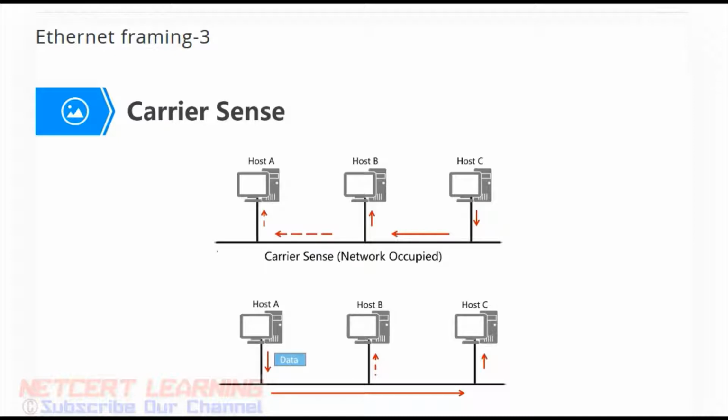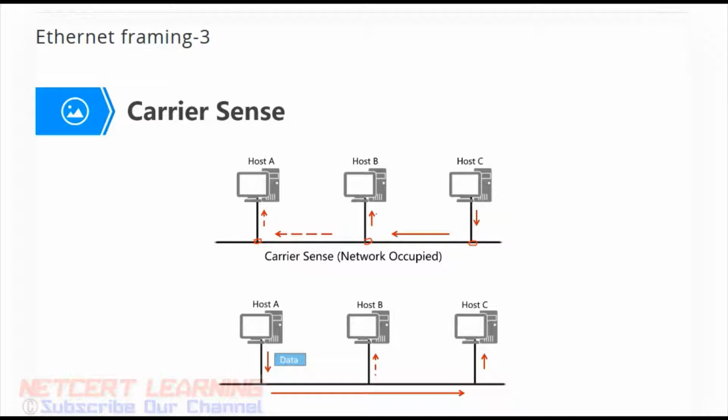The earliest Ethernet used a coaxial cable, and all the computers were connected to this coaxial cable. That means when one computer sends out an Ethernet frame, all the others will receive it.